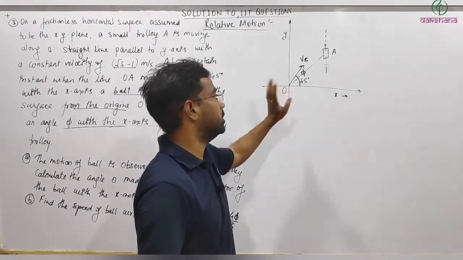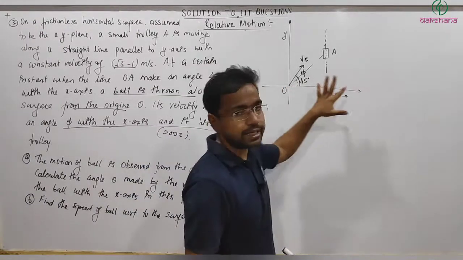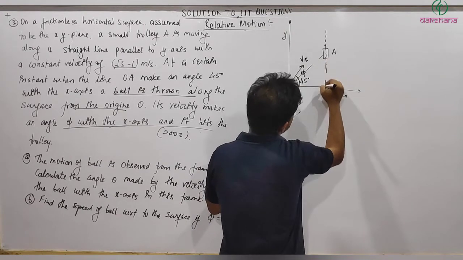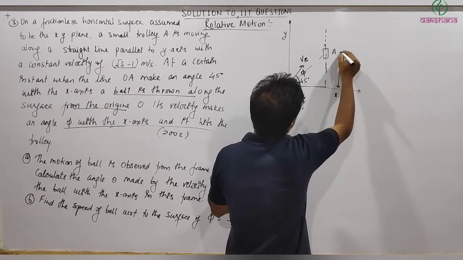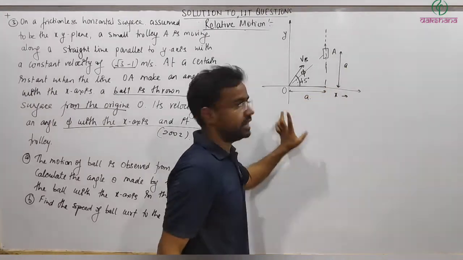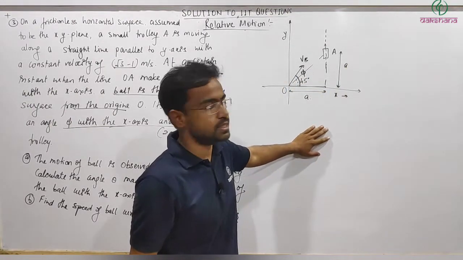The ball is projected in such a manner that it hits the trolley. At this moment, the separation is A, and OA makes an angle of 45 degrees with the x-axis.